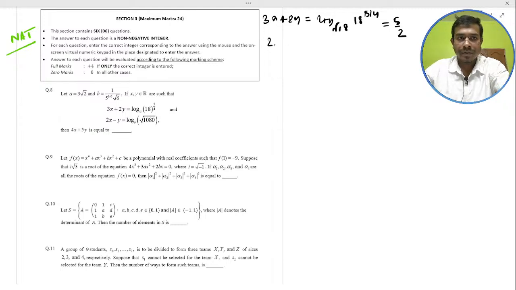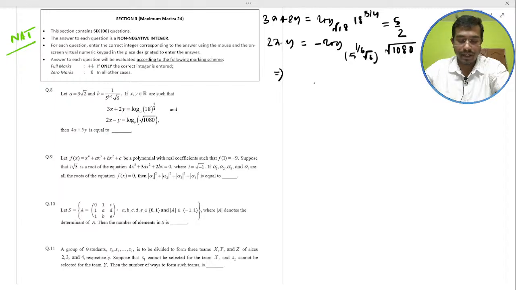And 2x minus y is equal to, given, minus log base b. B means what? B means 5 to the power 1 by 6 into root 6 into square root of 1080. This is equal to minus 3.